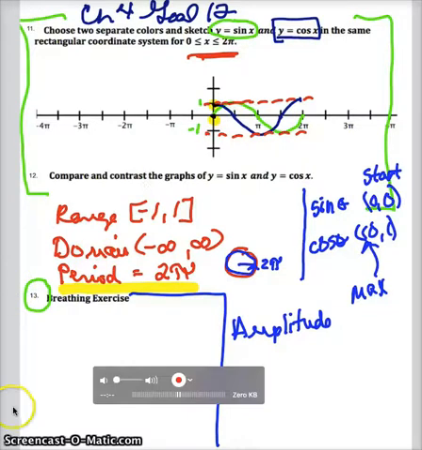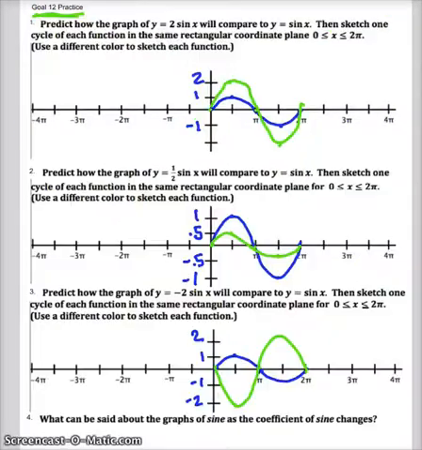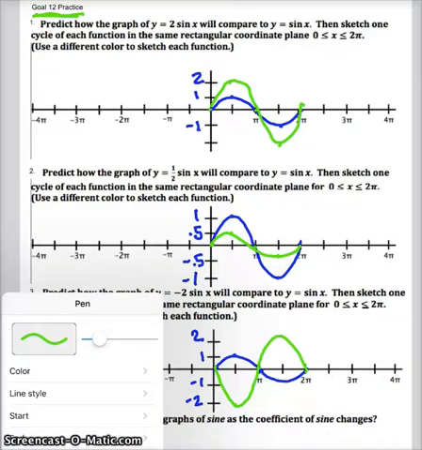So turn now to practice 12, numbers 1 through 3. Okay, so hopefully you've already graphed this yourself and checked it, not just copying down, so you can actually learn what's going on here. So we're talking about the term amplitude.